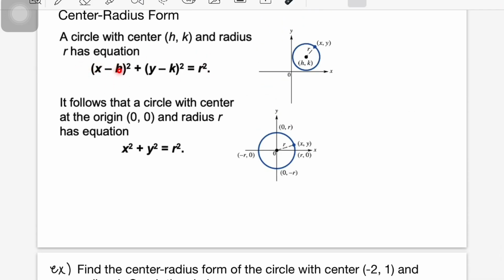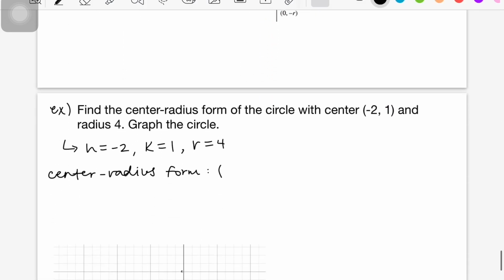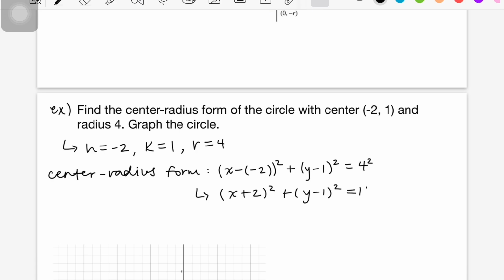So x minus minus 2 squared plus y minus 1 squared is equal to 4 squared. So then we'll get x plus 2 squared plus y minus 1 squared is equal to 16.